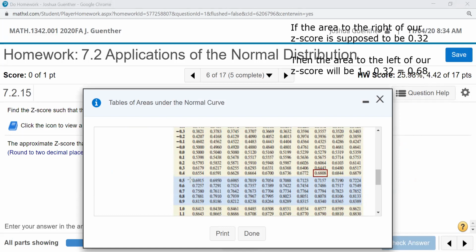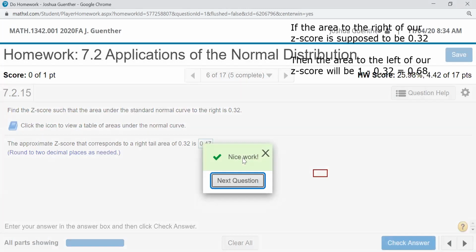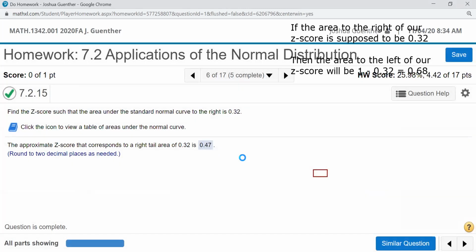So that corresponds to a z-score of 0.47. Very good.